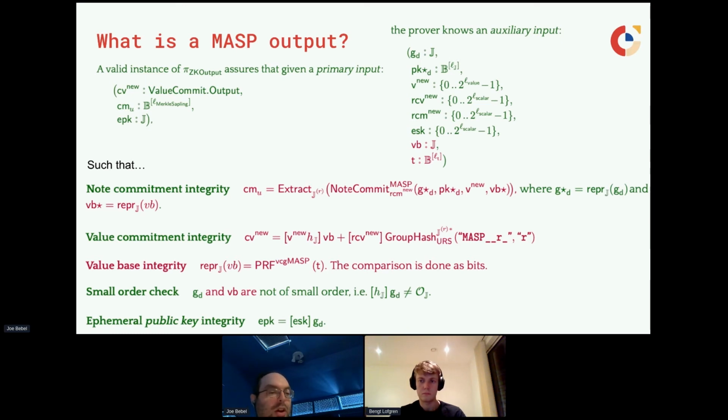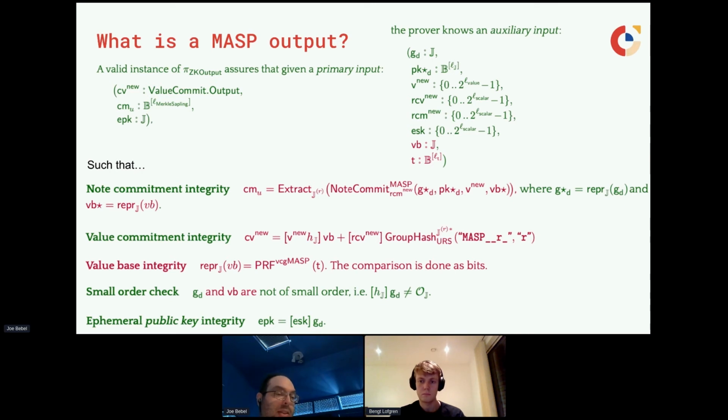And you put that into the note commitment. So that's the same as in the spend circuit. The value commitment has also the exact same change, where you use the asset generator now to compute your value commitment, and not some constant curve point.